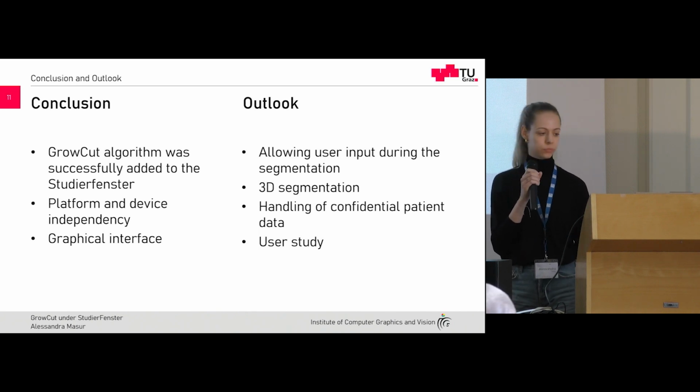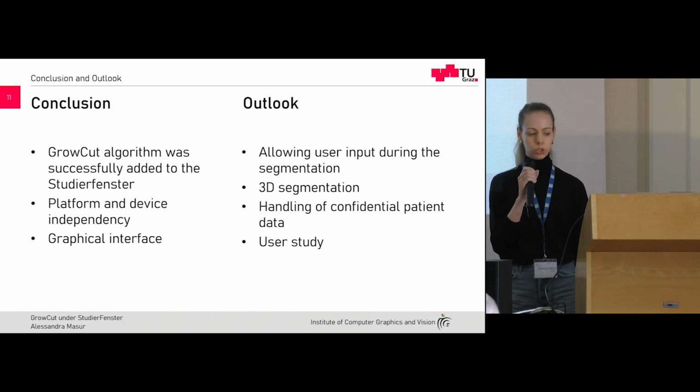As an outlook, we could allow user input in between the iterations as it was originally proposed in the GrowCut paper. Maybe this would improve the segmentation early on. We could also look into allowing 3D segmentation, because currently the GrowCut in the StudierFenster only allows 2D segmentation.